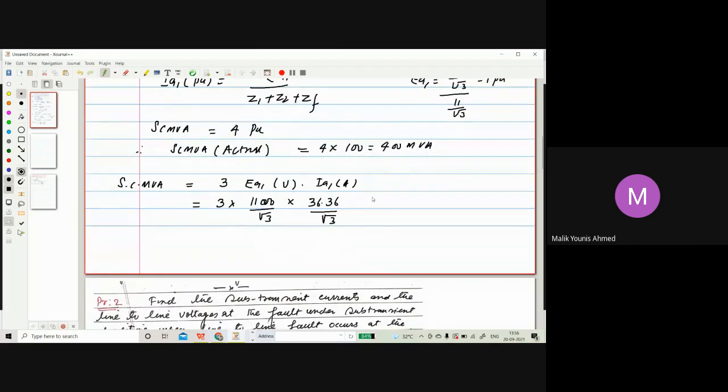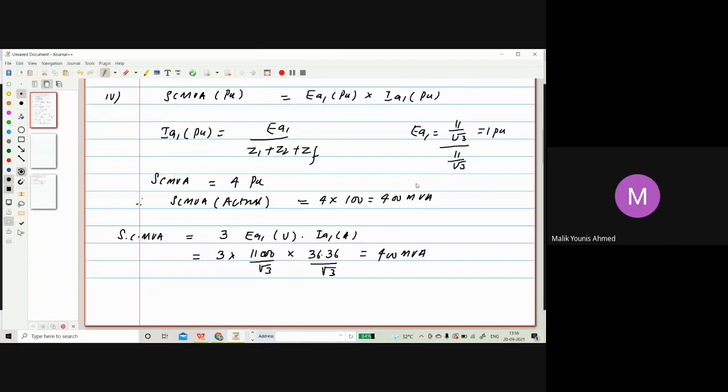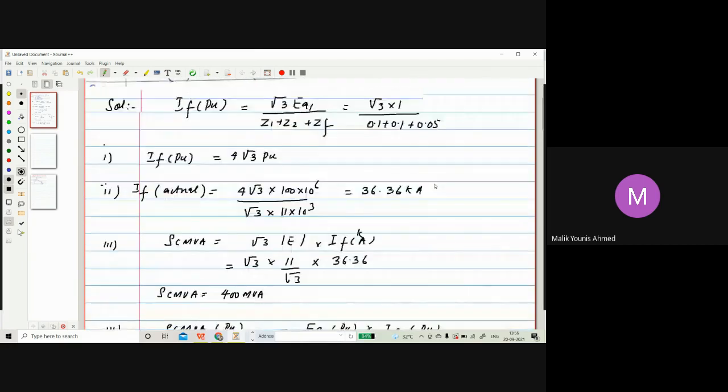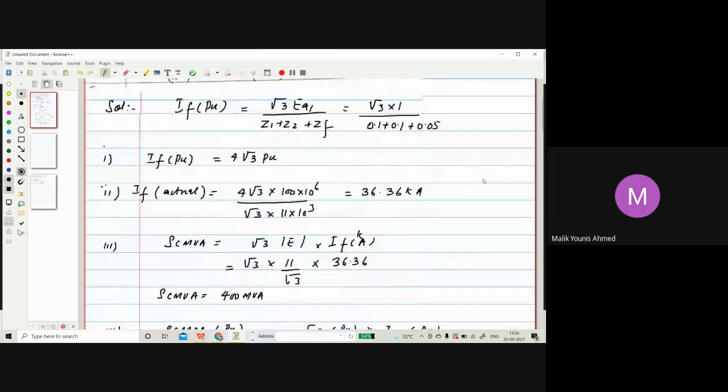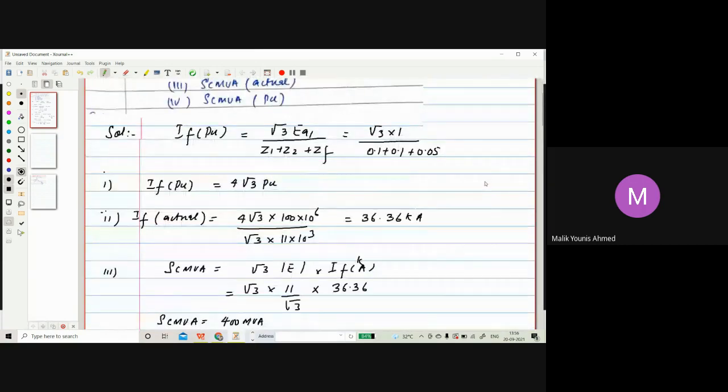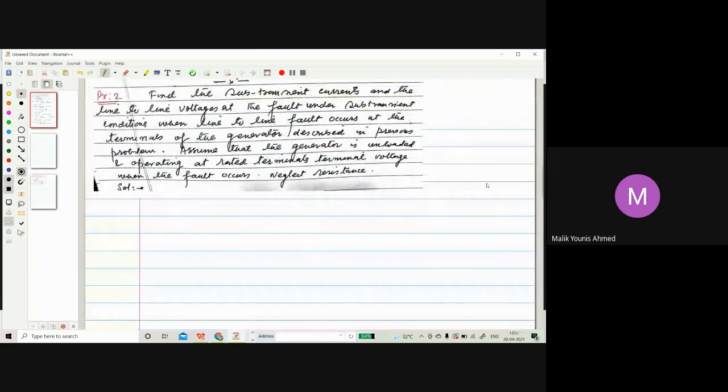So you can simply write this will be equal to 400 MVA. So there are lots of methods to find these values using the appropriate formulas. Very simple. These are the GATE type of numerical. They will either ask you per unit or actual values. If you know the right formulas, you can always do it.